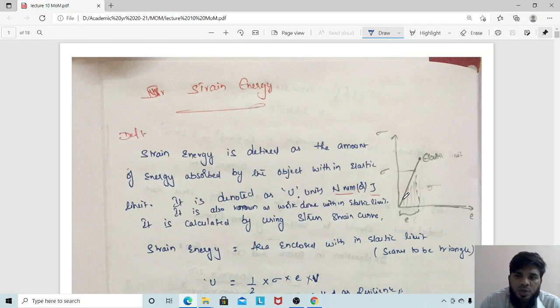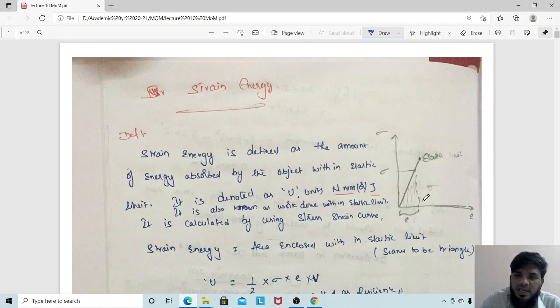So how much work are you doing on a material to stretch it? Within the elastic limit you apply load and it gets stretched, and for that stretching, how much energy have you given? The strain energy is the area enclosed within the elastic limit.